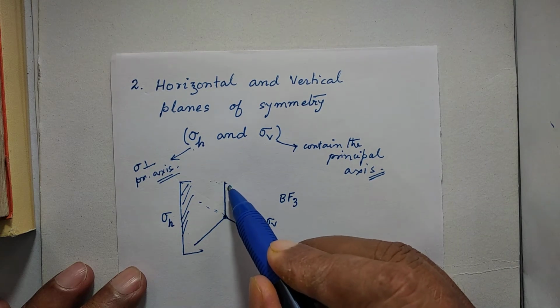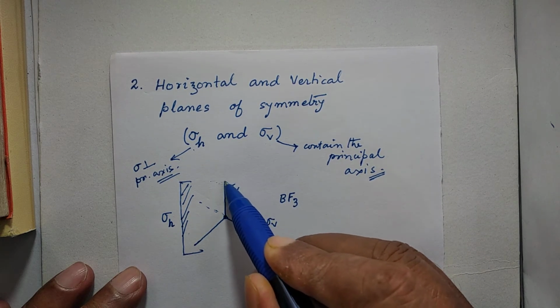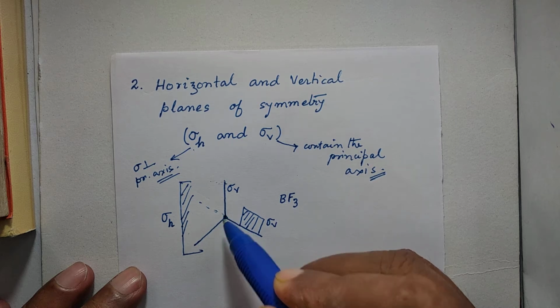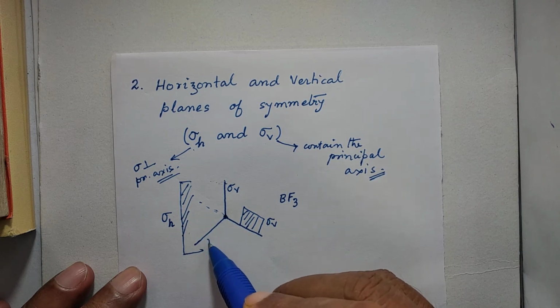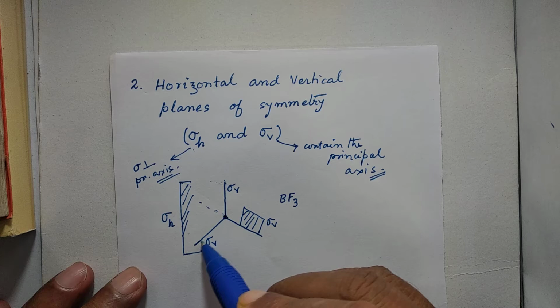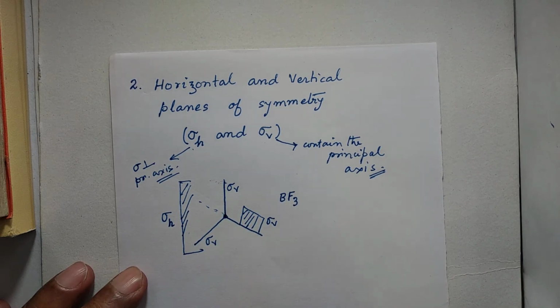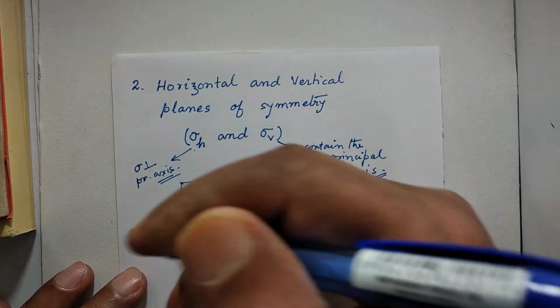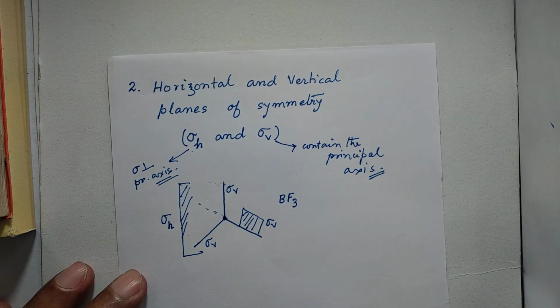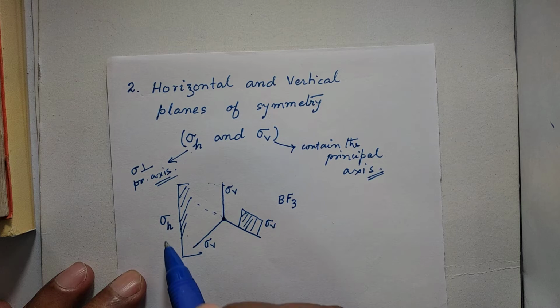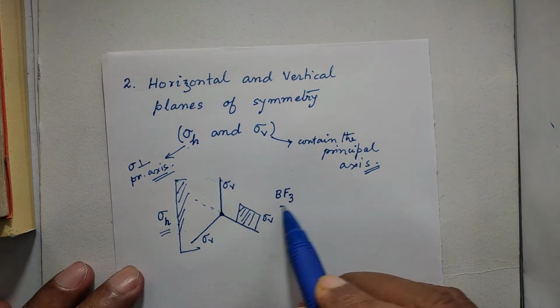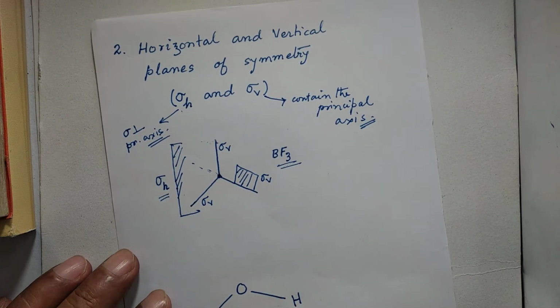Similarly, there is another sigma V plane containing this BF bond and the principal axis. There is another sigma V plane containing this BF bond and the principal axis. There are three sigma V planes and one sigma H plane for BF3 molecule.